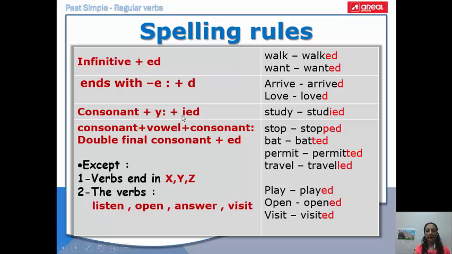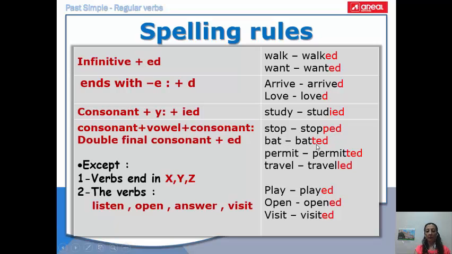Okay, if we have a verb that ends in consonant plus vowel plus consonant, do you remember CVC? Yes, we double the final consonant, then put ed. Stop, double p plus ed, stopped.